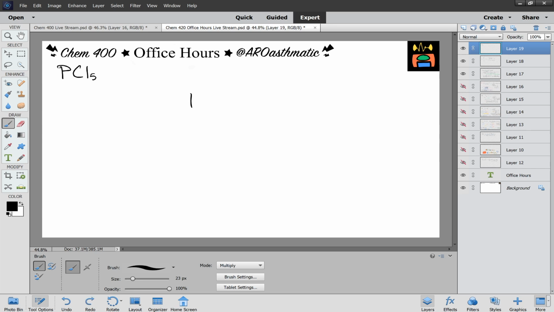Straight to the geometry. So here, every chlorine, we would have enough to give every chlorine 3 lone pairs. All right, so this is phosphorus pentachloride.